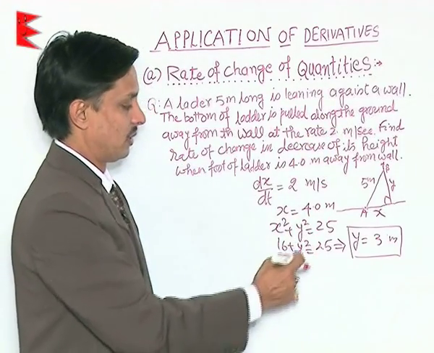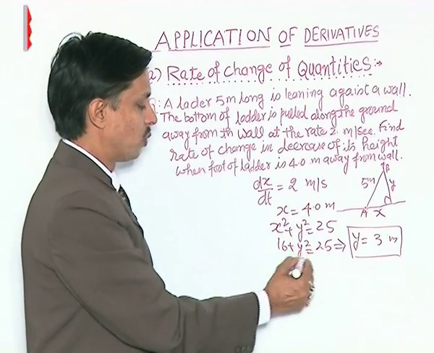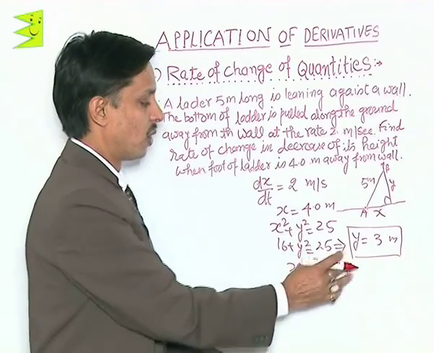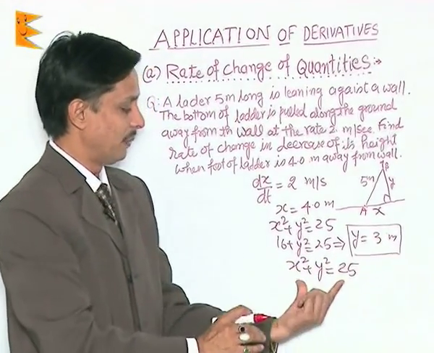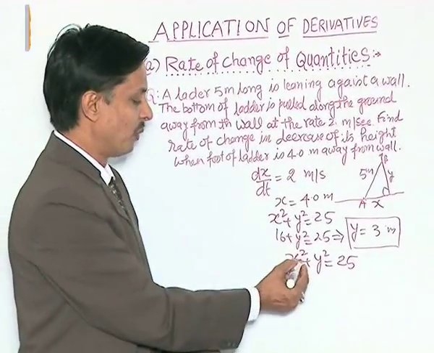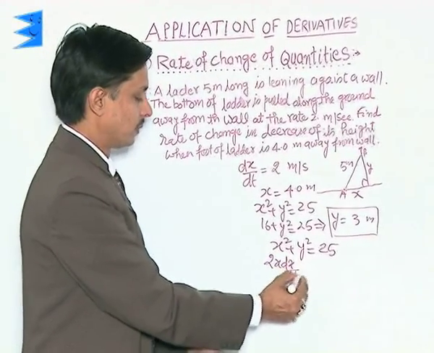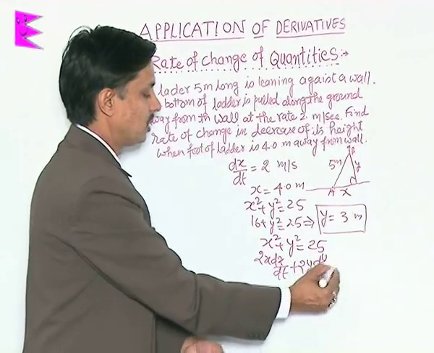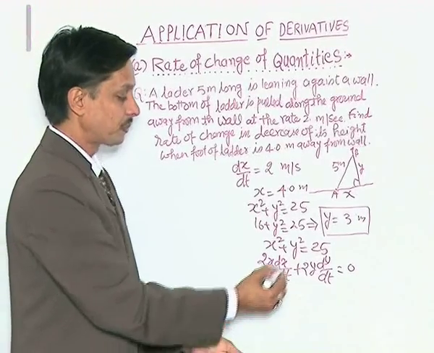Now, y has come out, and if I take again x² + y² = 25, on differentiating both sides with respect to t, what will we find? This will be 2x dx/dt + 2y dy/dt = 0, because the differentiation of a constant is 0.